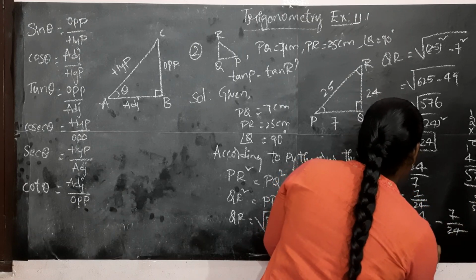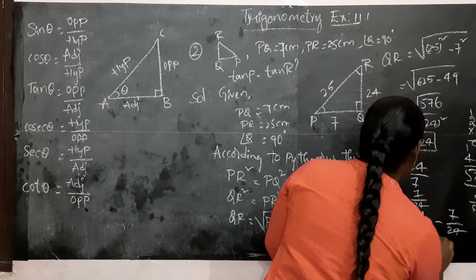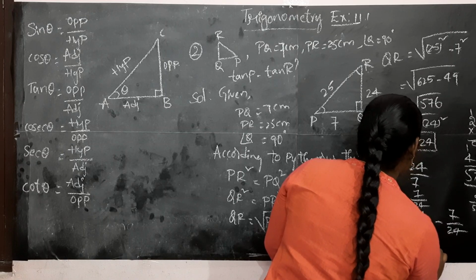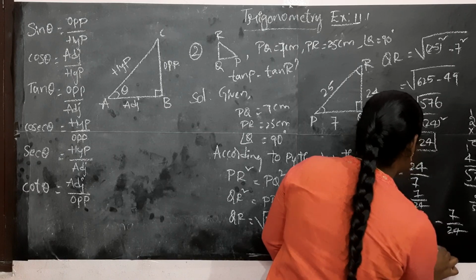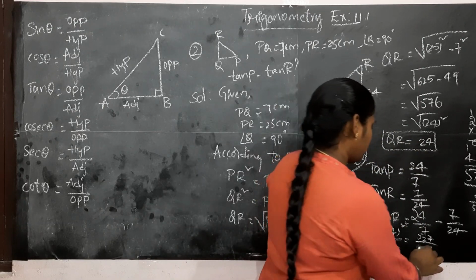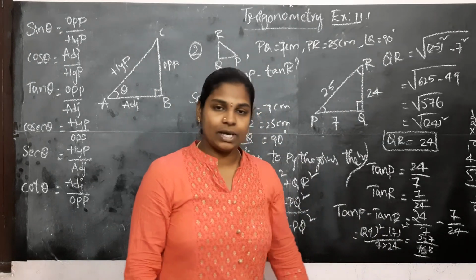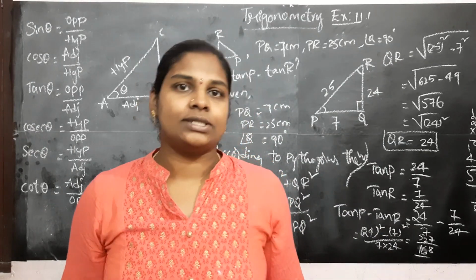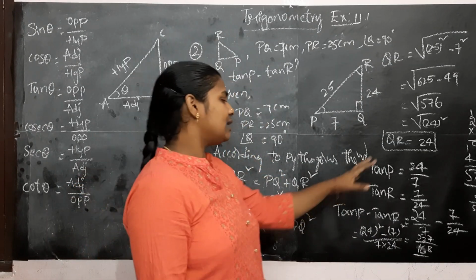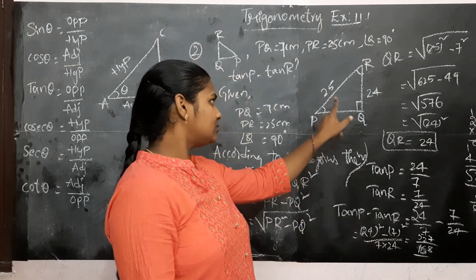Alright, 527 divided by 7 into 24. The answer is 527 by 168. So this is the simplification and all you guys can do.